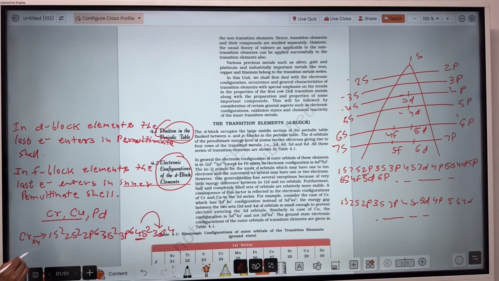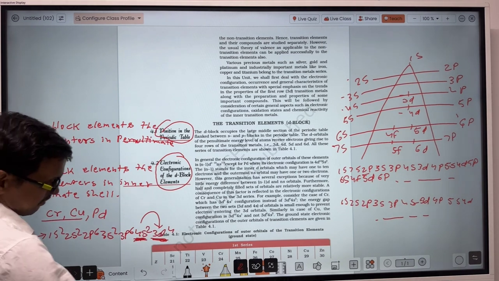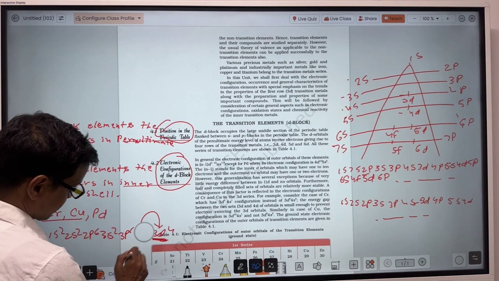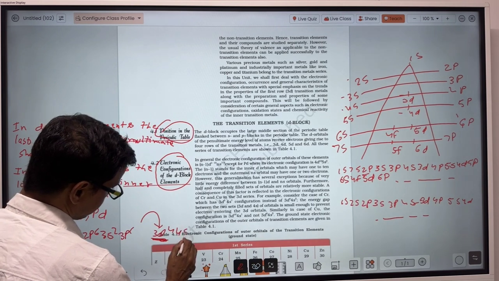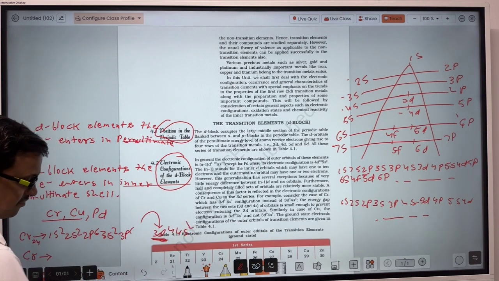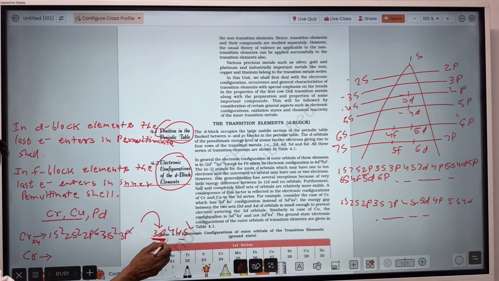So the electronic configuration of chromium will be 4s1 3d5. Firstly we write this one, because 4s is the valence shell and this is in increasing energy level, and when we write the electronic configuration shell-wise, then 4s will come after 3d.